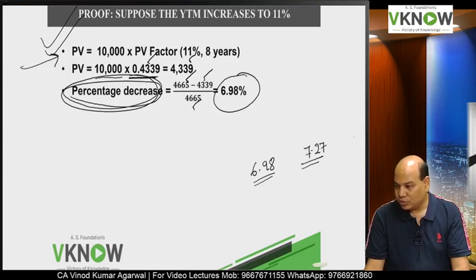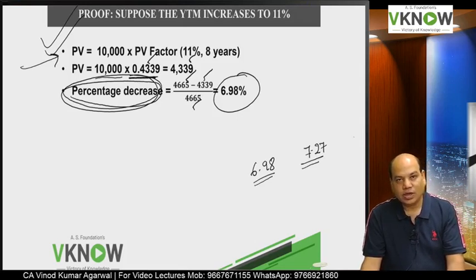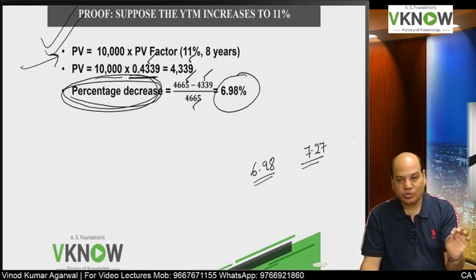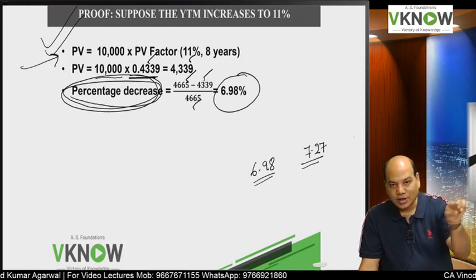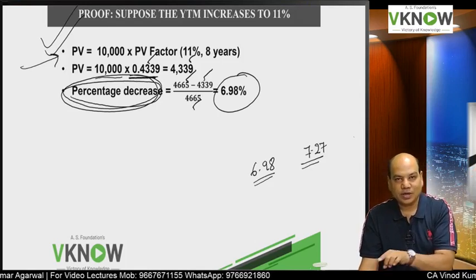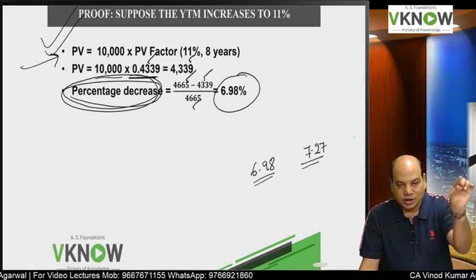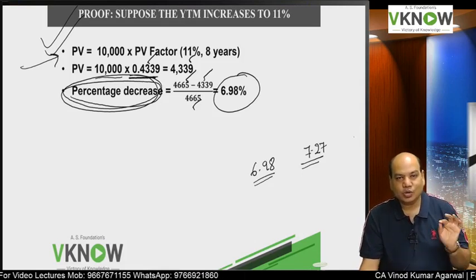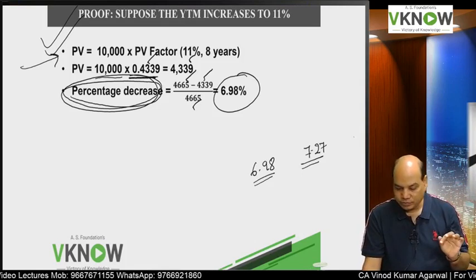I already told you it will not match because duration will help us to only calculate approximate change, not accurate change, because duration assumes linear relationship, whereas in reality the relationship is a curve, not linear. Hence you always have a difference.